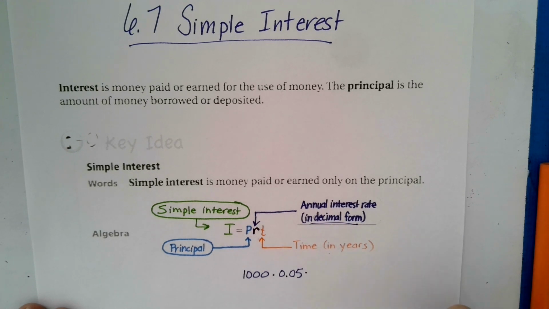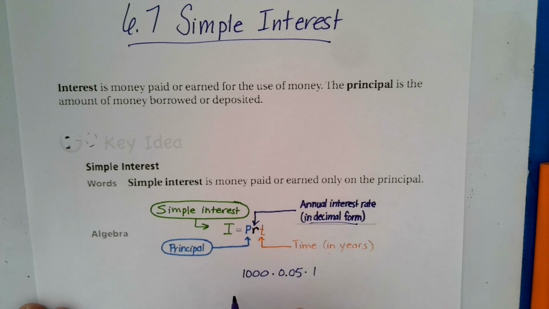And your time is, let's just say you keep it in the bank for 1 year. 1,000 times 0.05, we're going to move the decimal point, right? Here's the easy thing. If you're multiplying by 1,000, you're going to go 1, 2, 3. So you are going to make about $50 in 1 year, which is not too bad, right?